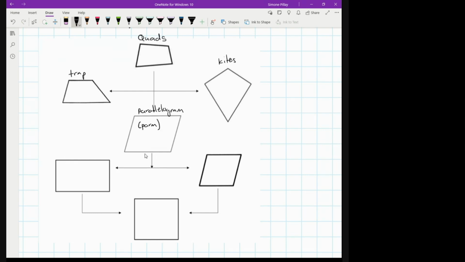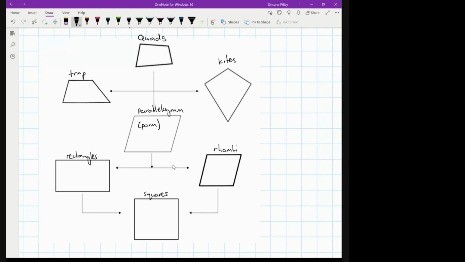So instead of writing parallelogram, you can just write palm. Now underneath, parallelograms can be split into rectangles and rhombi. And then lastly, we have squares at the bottom of my family tree.